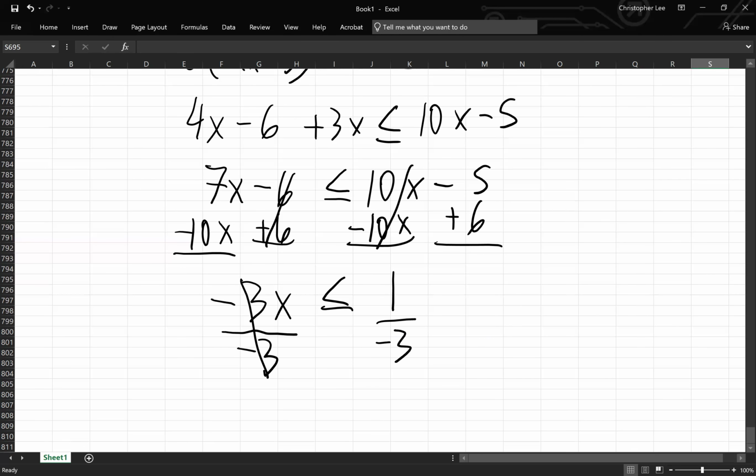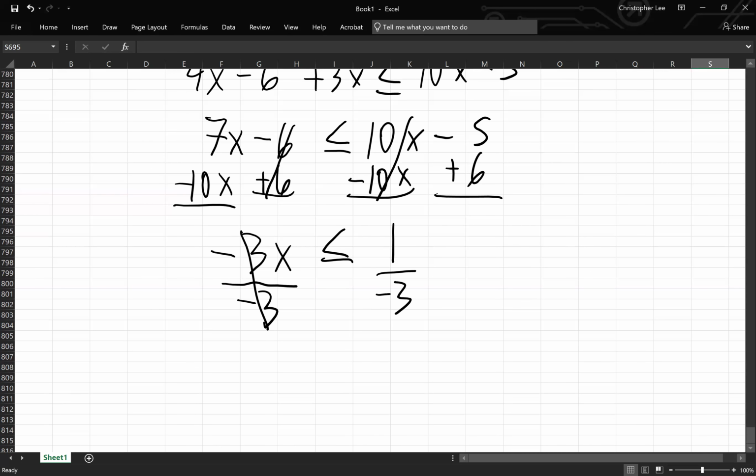All right? So what's my answer? Somebody tell me. X greater than or equal to, yeah, negative 1/3. Very good, right? Because I divided by the negative, I have to flip the inequality. So instead of less than or equal to, it becomes greater than or equal to.